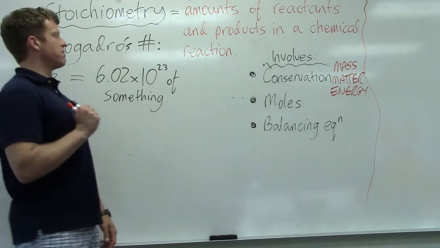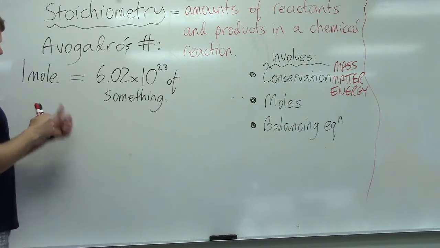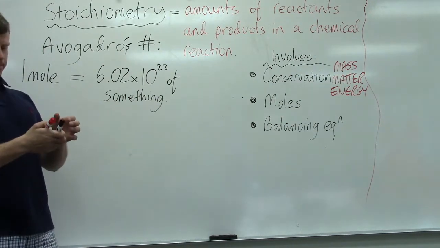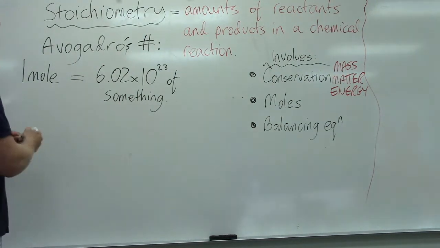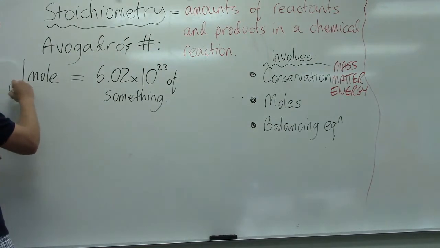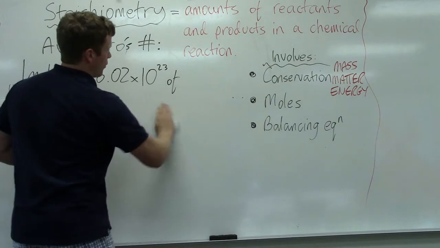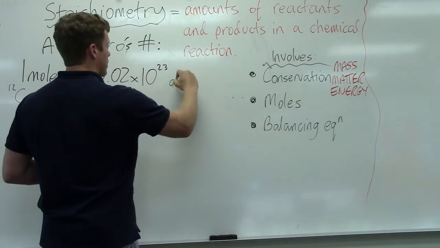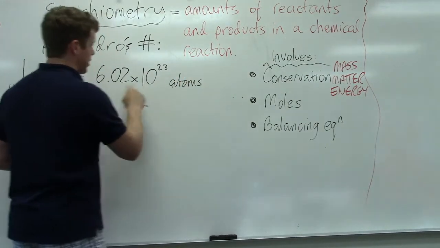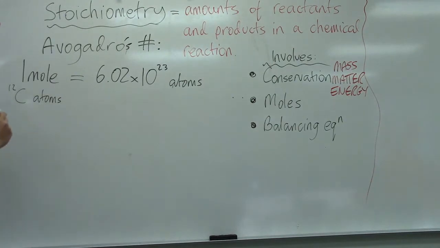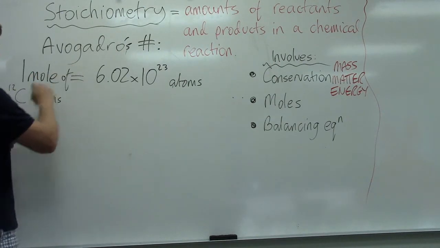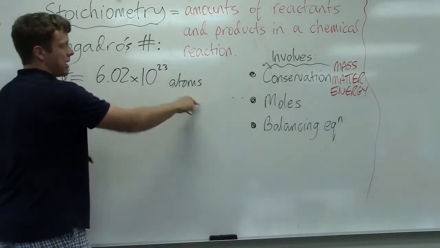Whew, it's exciting. So if you have a mole of carbon, let's say C12 atoms, then you'd have this many atoms, 6 times 10 to the power of 23. So if you have a mole of carbon 12 atoms, that's how many you have.